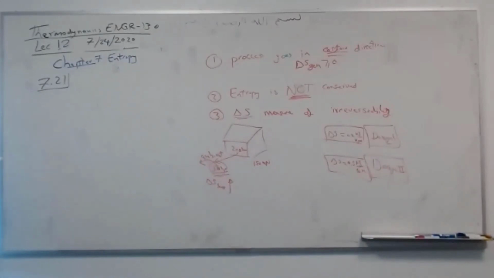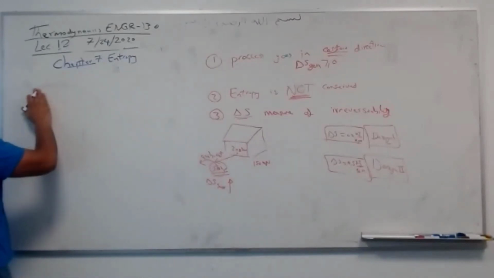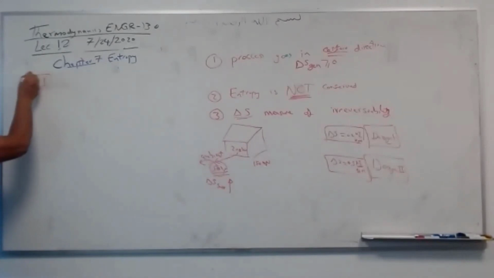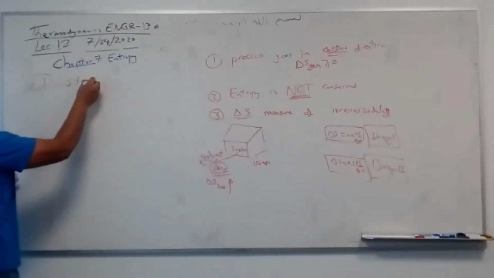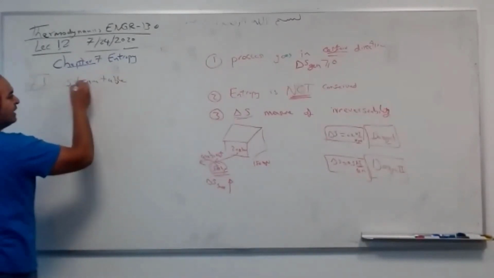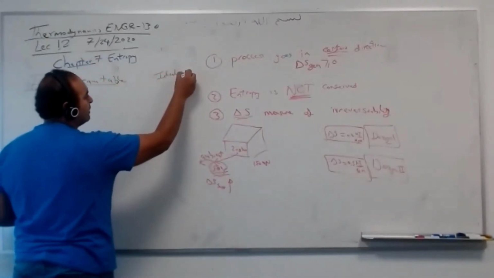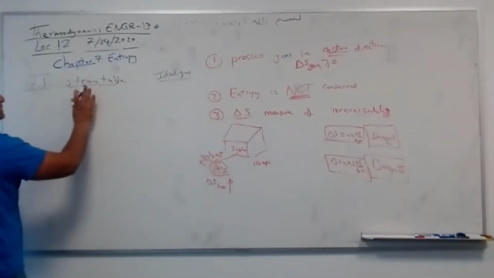So we talk about everything here. Let's take some examples. We said that we have, this is 7.3. The steam table or the steam charts, we have two things, steam and ideal gas. We're going to talk about ideal gas next time, but for now, steam table.